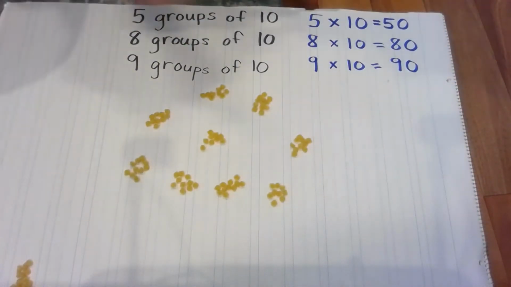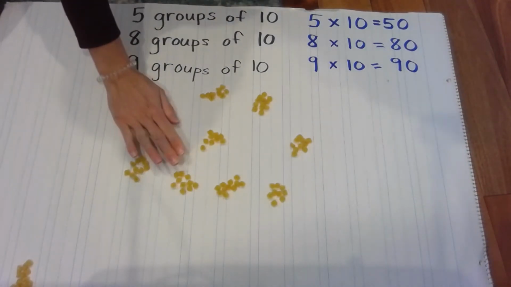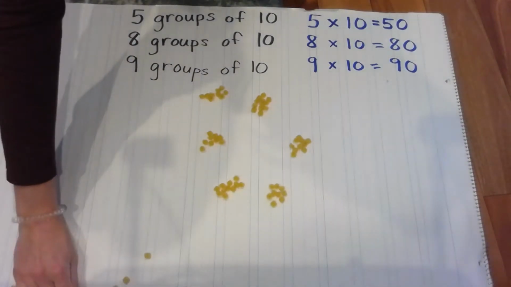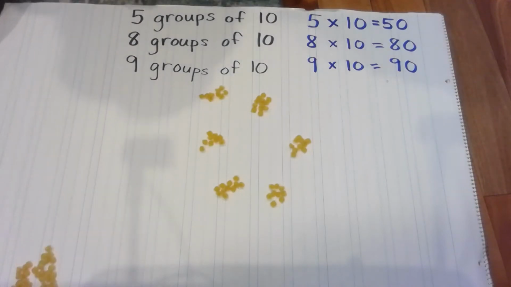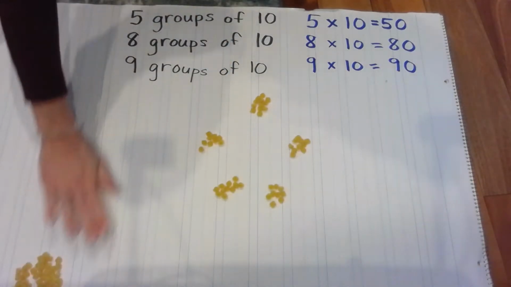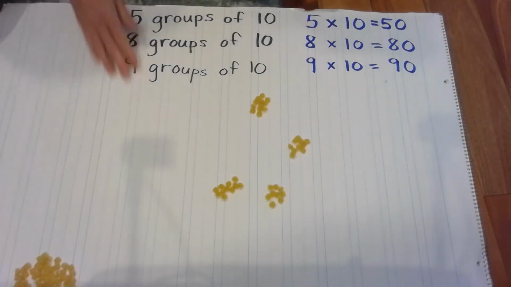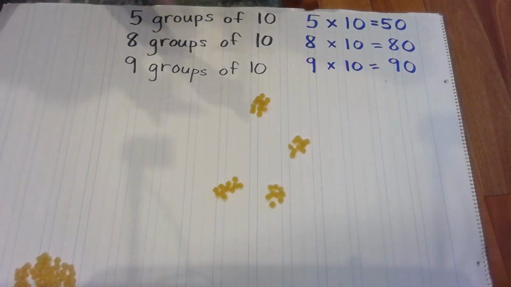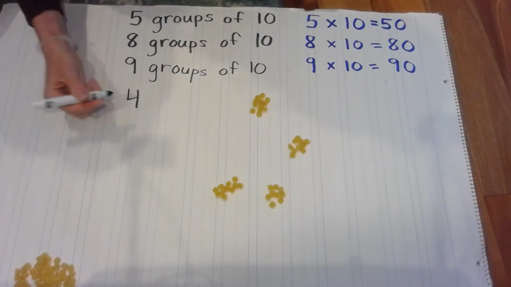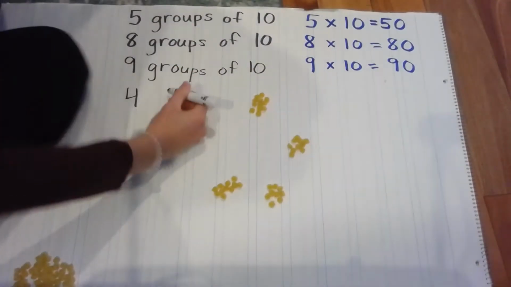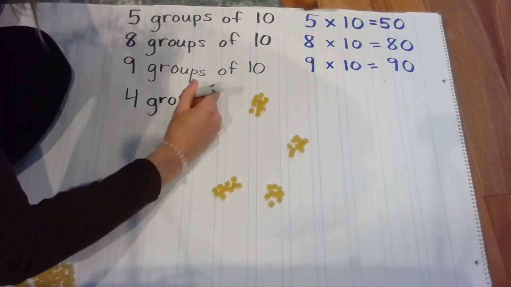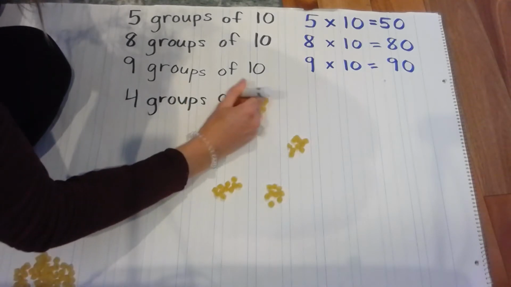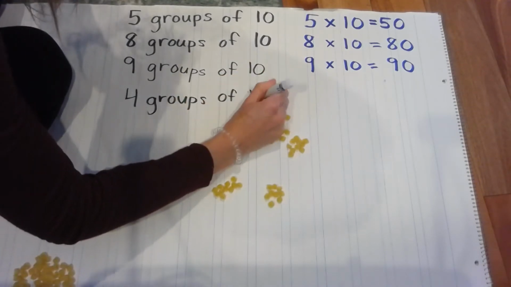So, what if I take away 3 of these groups? Let's take another one away. And let's take another one away. How many groups do we have left now? 1, 2, 3, 4. 4 groups of 10.